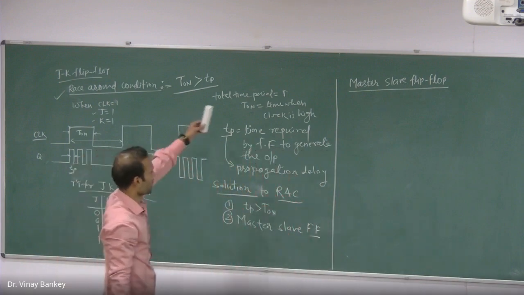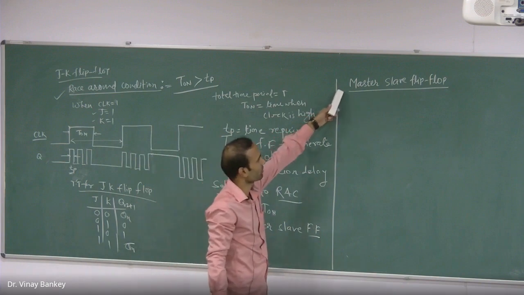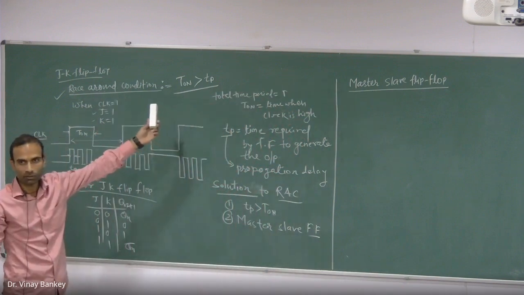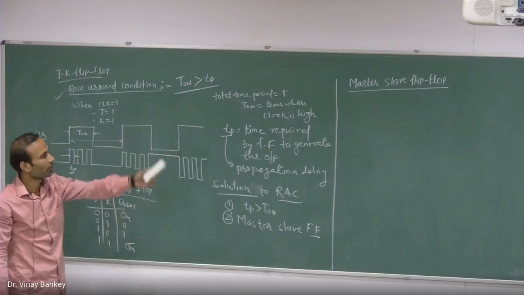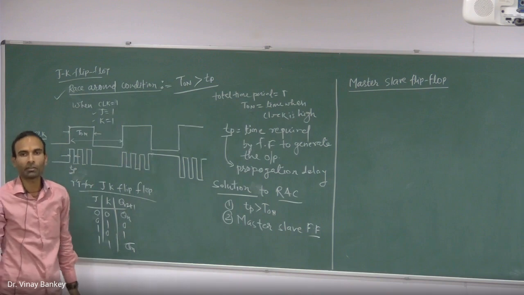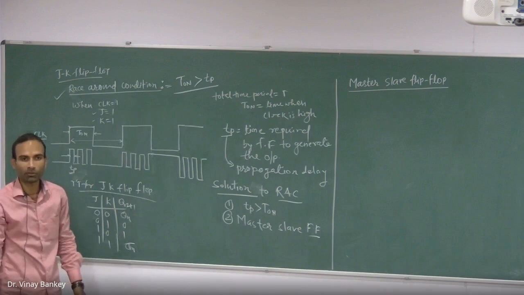Okay, so the first question is why we are using the master slave flip-flop? To get rid of this race around condition. We'll see how we can draw a circuit that will not generate this race around condition, and we will call that the JK master slave flip-flop.